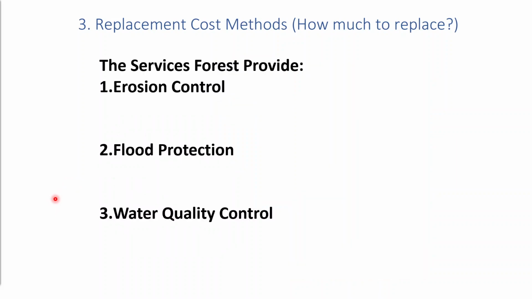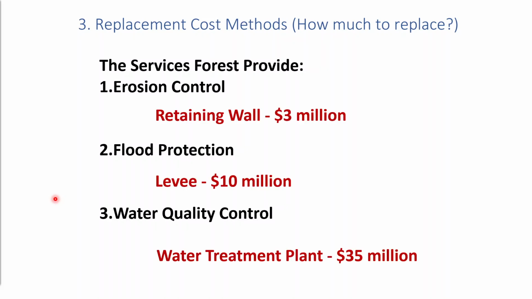So these are the three things that the forest provides for us, and these are the things that we're trying to value. Then we'll simply obtain estimates. Erosion control, well, we can build a retaining wall. Flood protection, well, we can build our own levee. Water quality control, well, let's build our own water treatment plant.